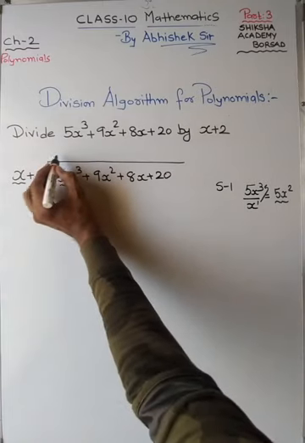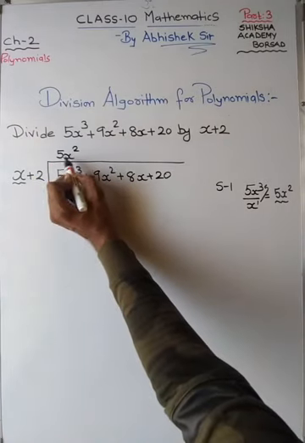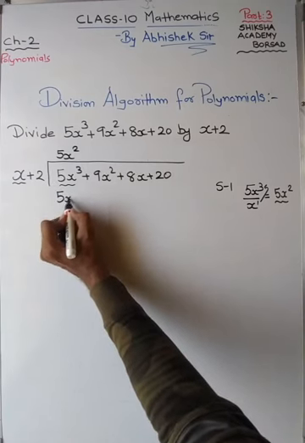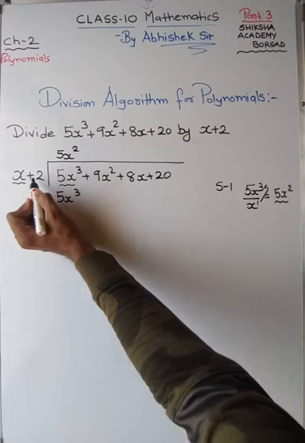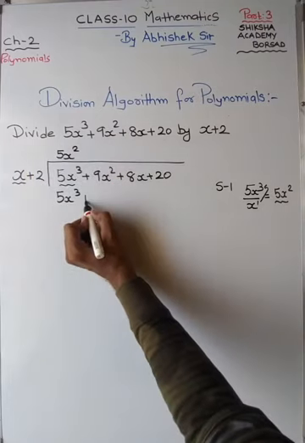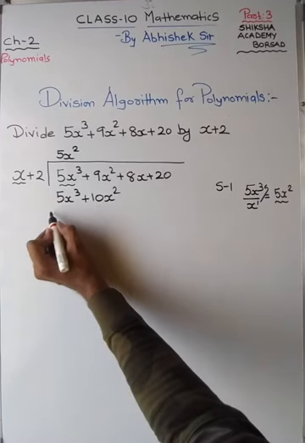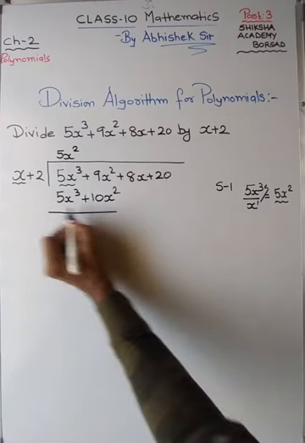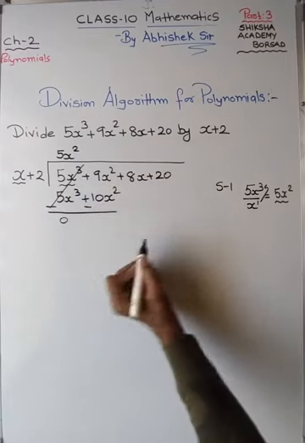So without wasting time, let us start with the multiplication. x into 5x square will become 5x cube. Don't forget to multiply the next term as well. Plus 2 into 5x square, so 2 5s are 10. x square will be repeated, right? So change of sign, it will be cancelled.